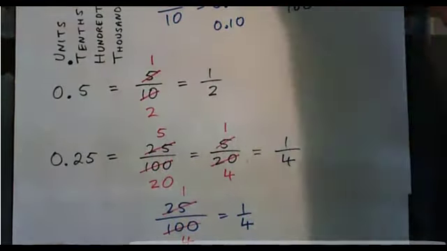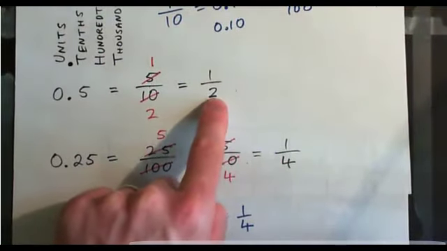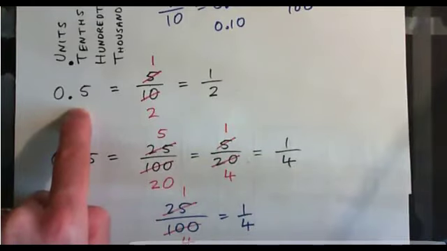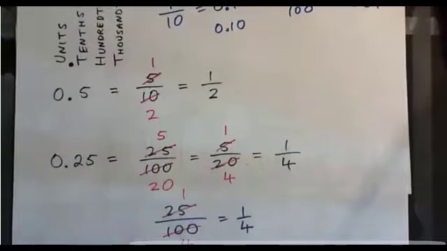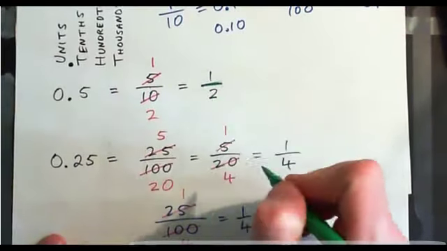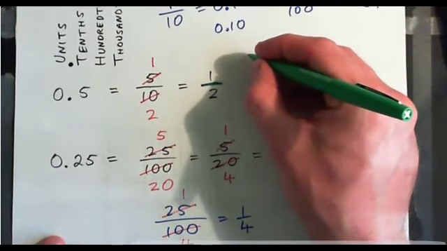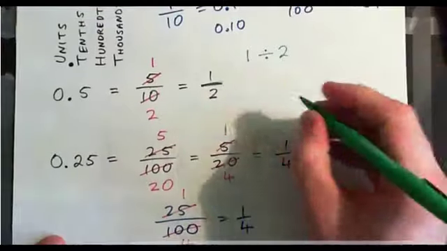And how would you then put the fraction back into decimal form? Well, you simply take out your calculator, the easiest way, and this is 1 over 2. This is actually a divide-by symbol. So take your calculator out and just type in 1 divided by 2 and get the answer.